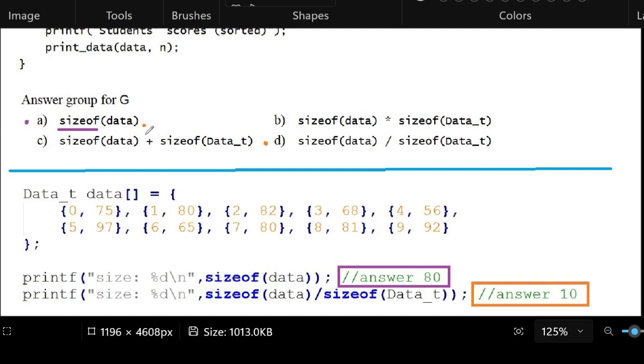I think it was because when we think about size, I was under the impression that it should give us the number of items, the number of elements in the data, and I didn't want to delve too much into this part of the code where you have to divide it by size of something, or multiply it, or add something. It seemed to me a little bit too much.